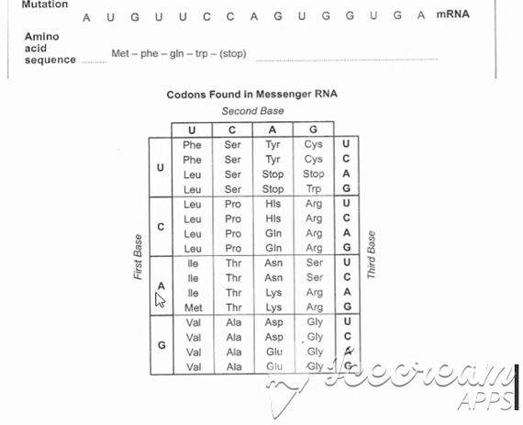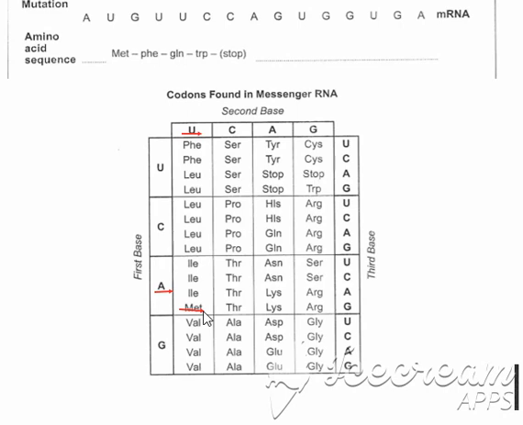So we go to A. We know that our second letter is U. And then we identify our third letter as G. So therefore we can conclude that our first amino acid is MET.